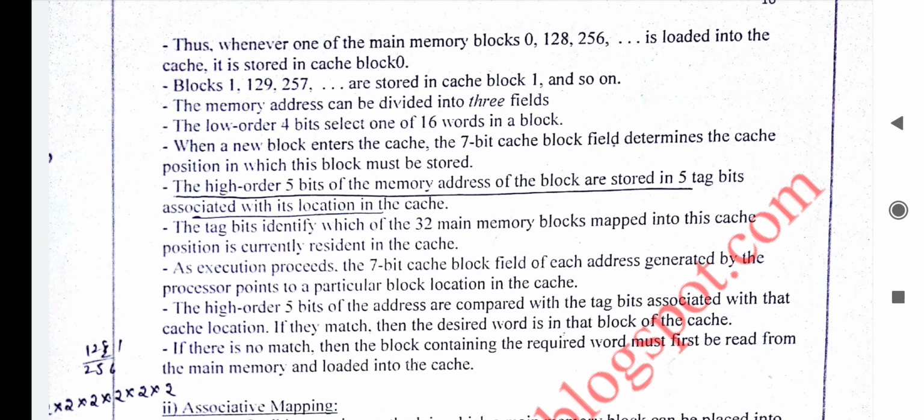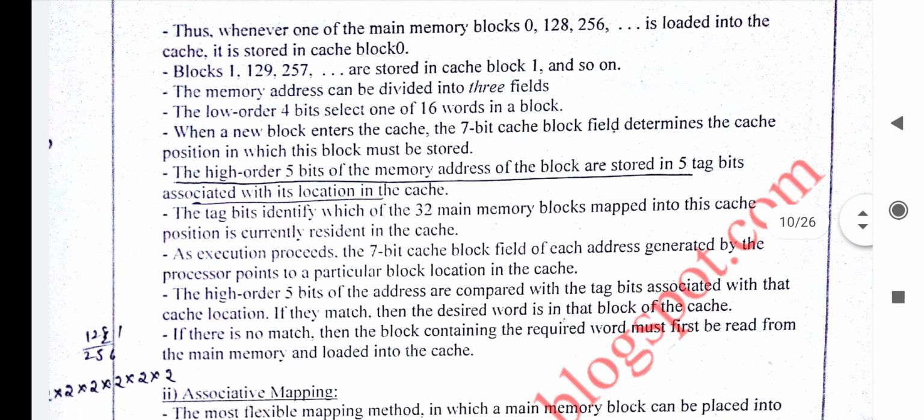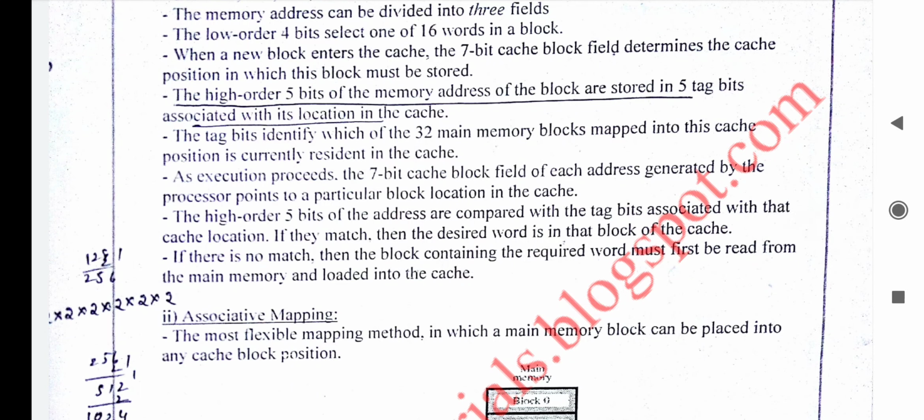These tag bits identify which of the 32 memory blocks mapped into this cache position is currently resident in the cache. Okay, and execution proceeds. The 7-bit cache block field of each address generated by the processor points to a particular block location in the cache.